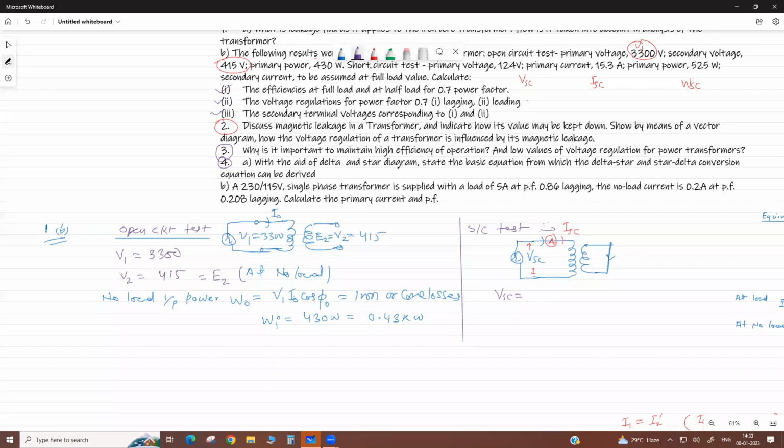On short circuit test, primary voltage, this VSC, it is 120 volt. Primary current, here we measure this ISC. It will give you 15.3 ampere. So short circuit voltage is 124. Sorry, 124.